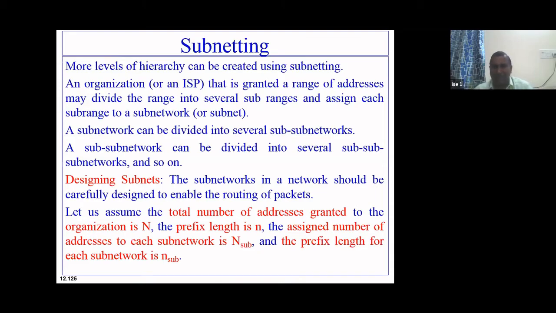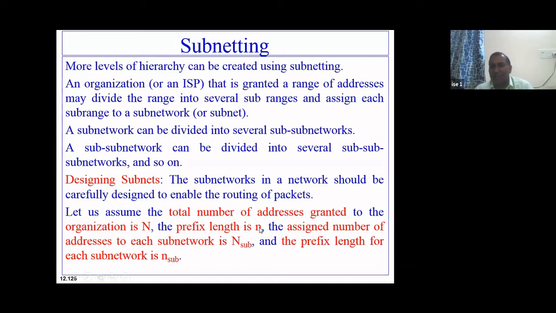So we'll make certain assumptions. Say total number of addresses granted, I'll be taking it as capital N. From the beginning we have been seeing that capital N is the total number of network addresses that are being granted by ICANN to the internet service provider, and the prefix length I'll take as small n.